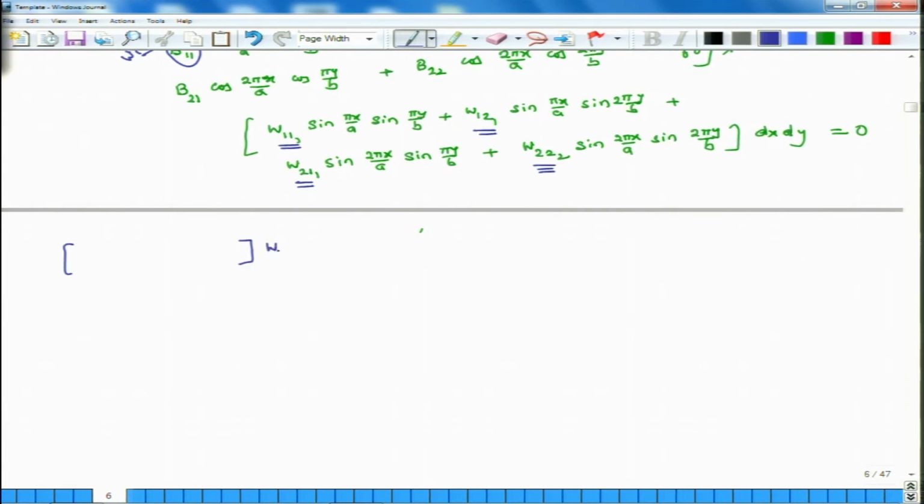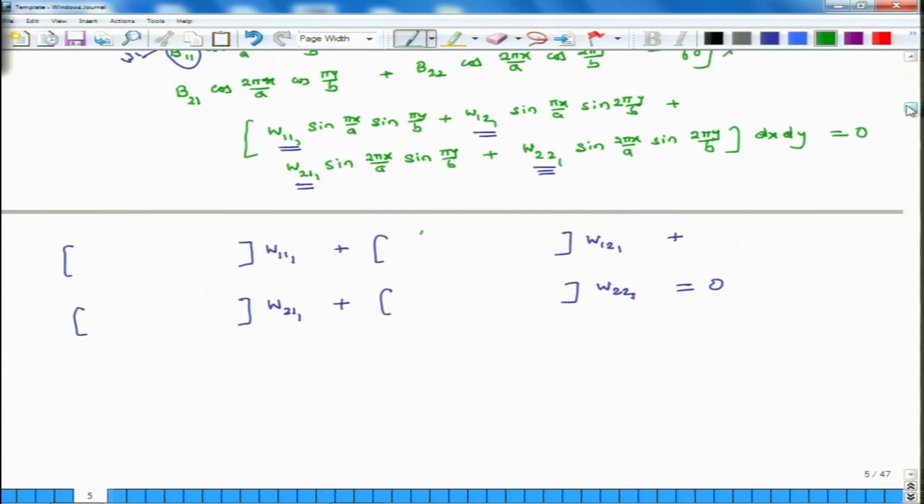The first block will be multiplied by W111, plus there will be another block of terms, and this will be multiplied by W121, plus there will be a third block of terms, and this will be multiplied by W211, plus W221, and this should be 0.